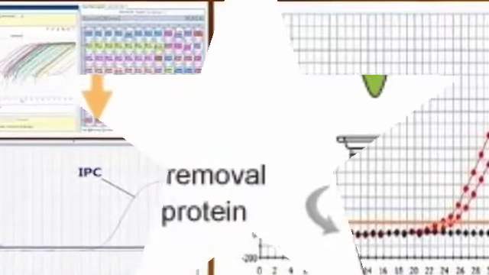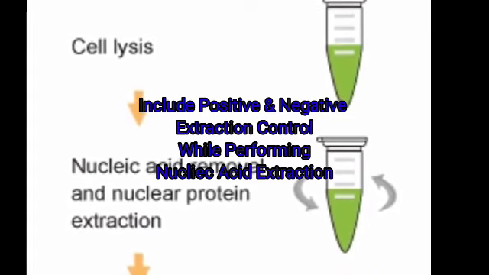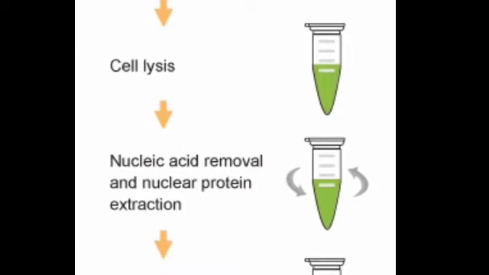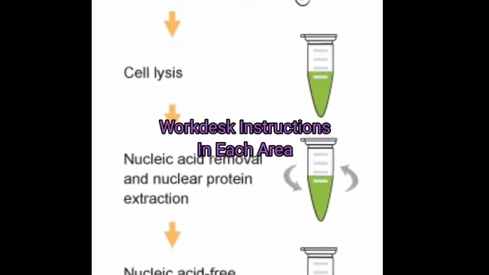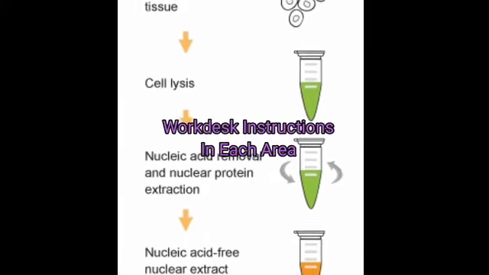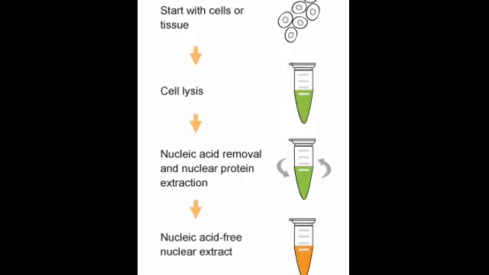Include positive and negative extraction controls when performing nucleic acid extraction. It is recommended that clear instructions be posted in each of the areas so that users are aware of rules of conduct.